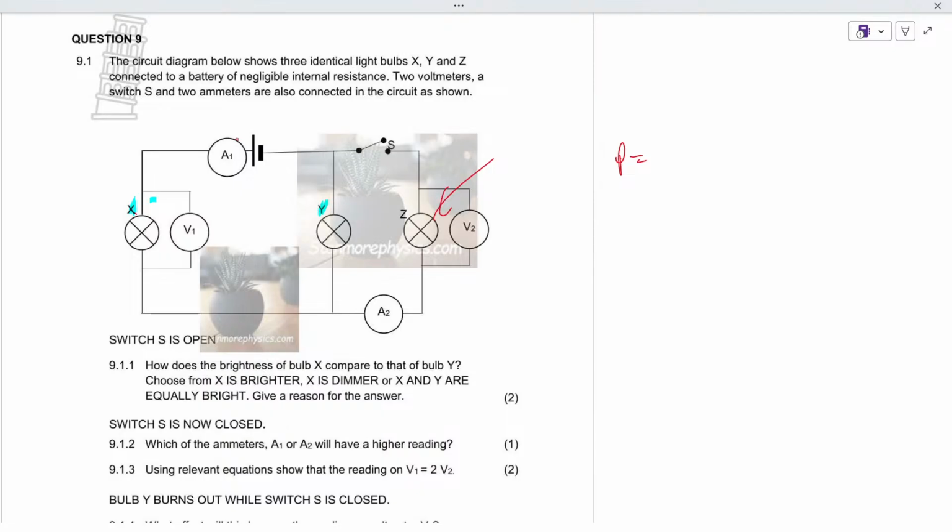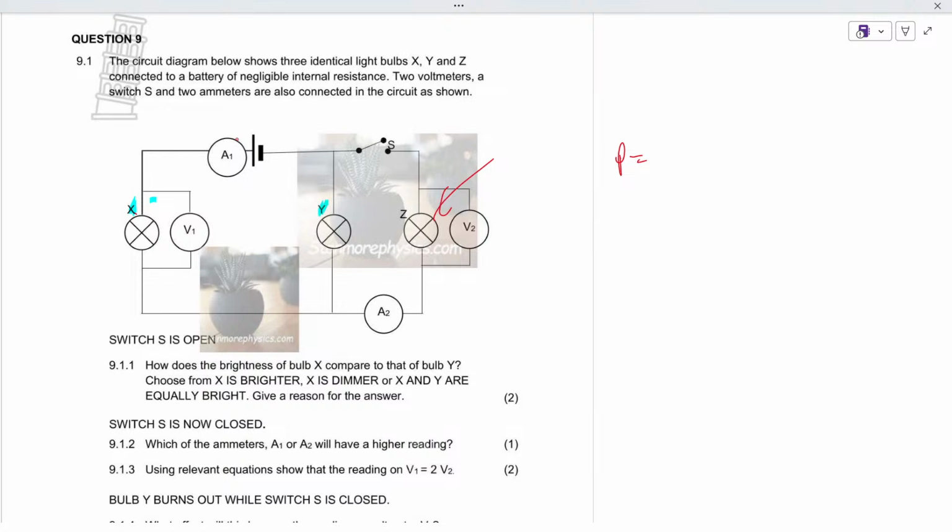What's the reason? Because current flows from the positive to the negative terminal, so current flows through A1 first. But they didn't say where it flows to first. They say which one will have a greater value when you compare the two.